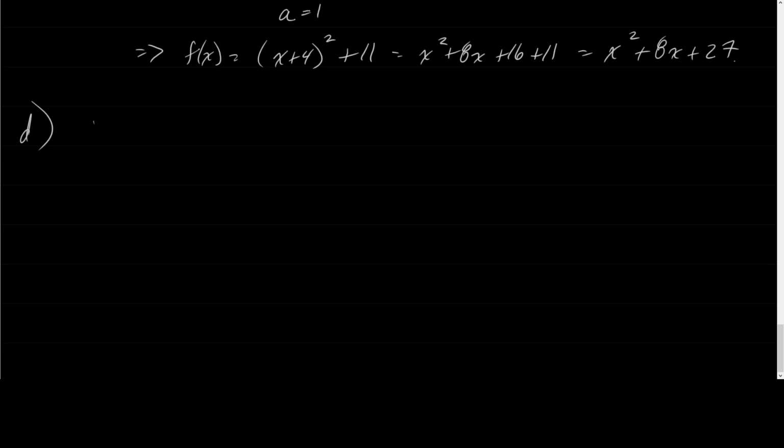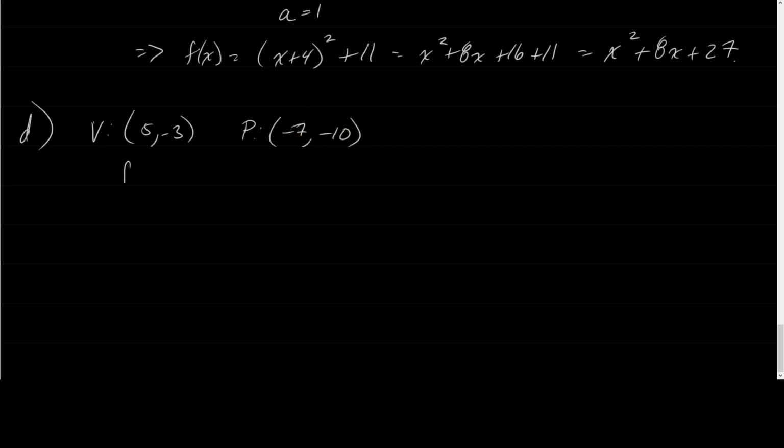Let's say now that I told you the same instructions, but now the vertex is at 5, -3, and the point that it passes through is -7, -10. All right. Well, in here we start the same exact way.